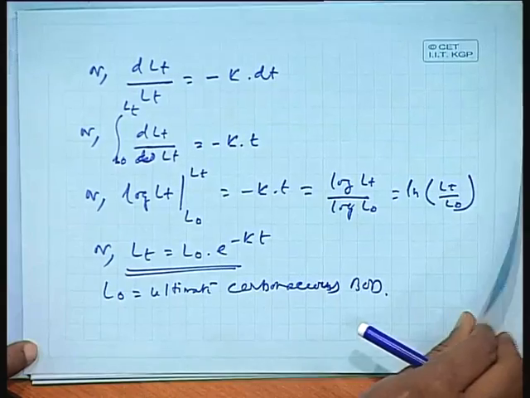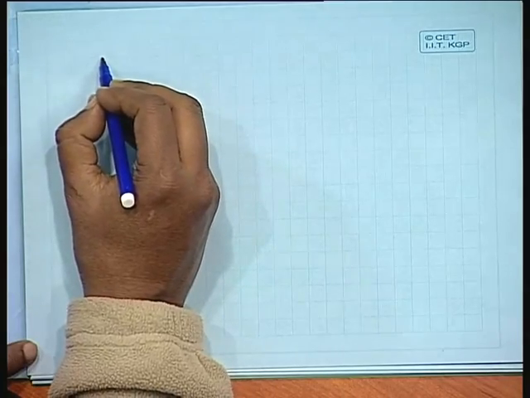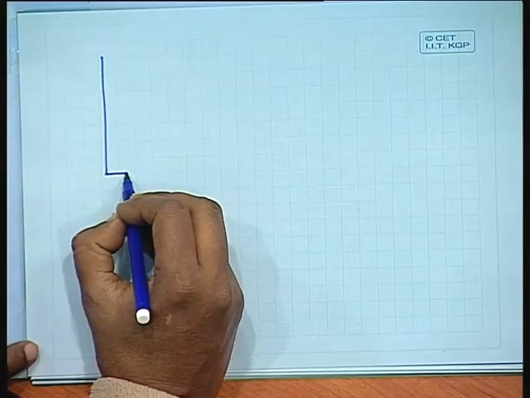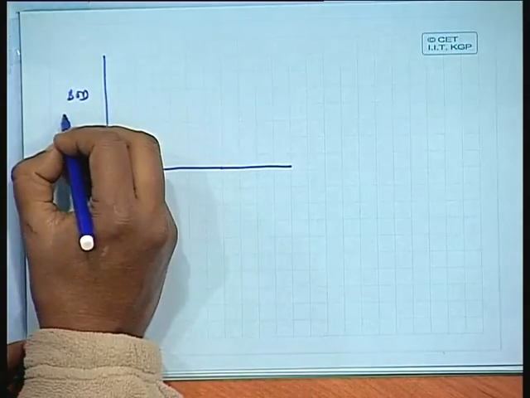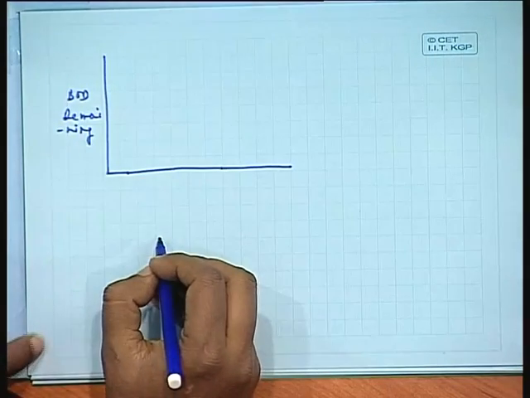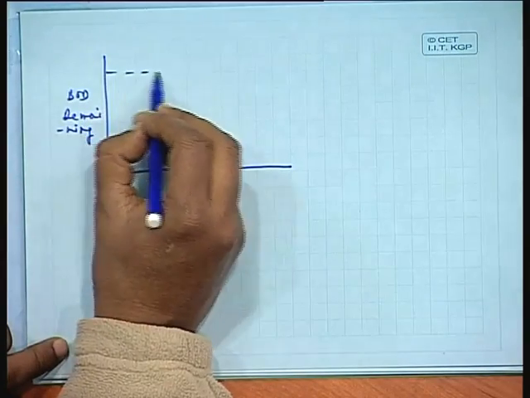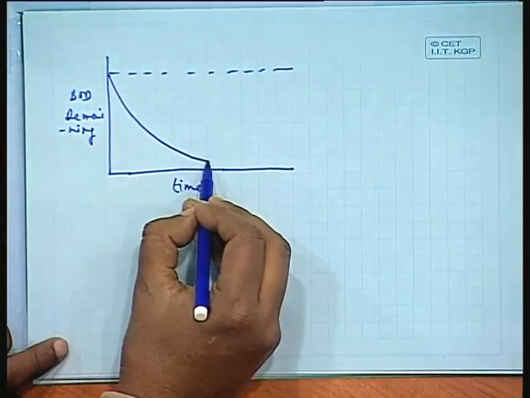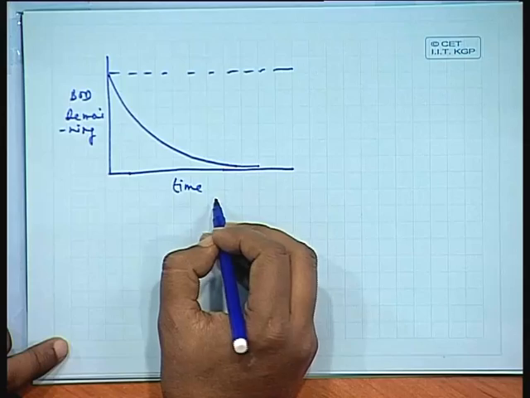In case we are just plotting it now, with BOD remaining on one axis and time on the other, this is an exponential, so it would be an asymptotic curve.